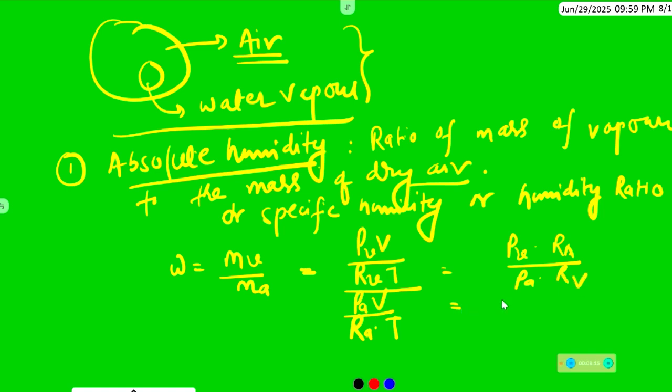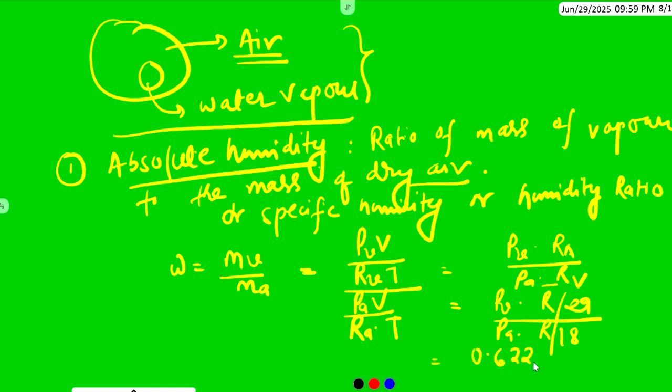This is further simplified with R, the universal gas constant, divided by the molecular mass of air, and this comes out as 0.622 PV divided by PA.